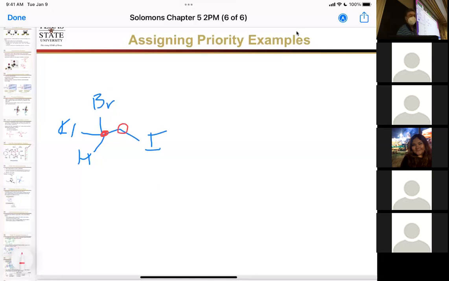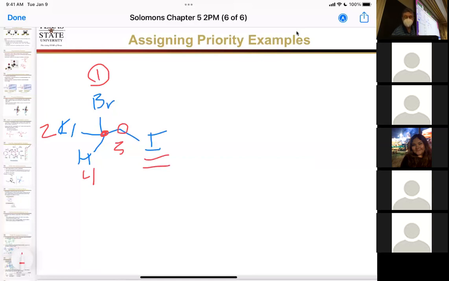So this is going to be 1, bromine. So don't get thrown off. You'll have to look at the first bond over to do it by atomic number. This is 2, this is 3 because carbon is 6, and this is 4. Okay, don't get caught up on that.